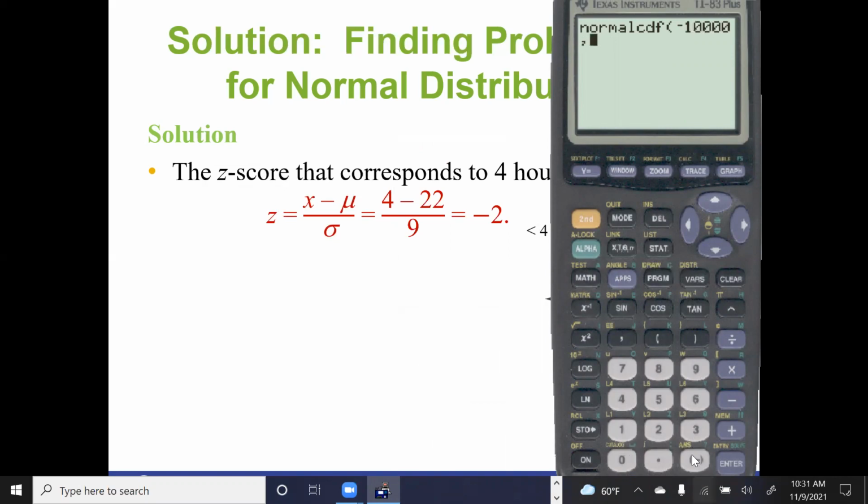My ending is at -2. Mu is 0. Standard deviation is 1. Close it off. And what did you guys get? Okay, let's jam. This is what I got here. Awesome. 0.0228 looks like, if we're going to go 4 decimal places. Is that what everybody else got? Raise your hand if you did not get that.